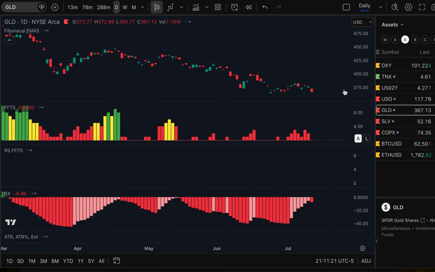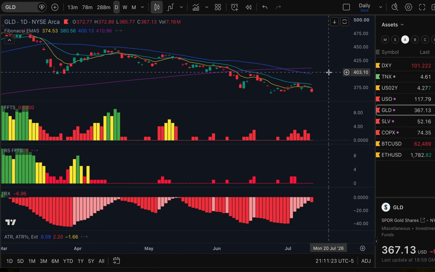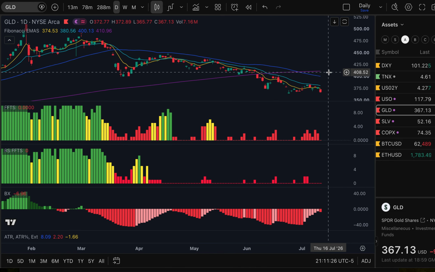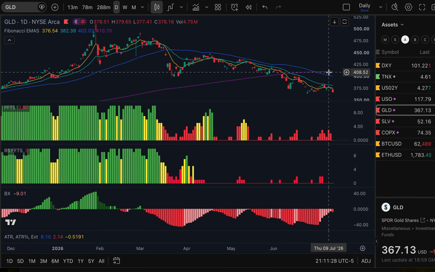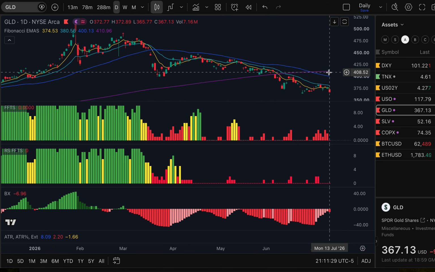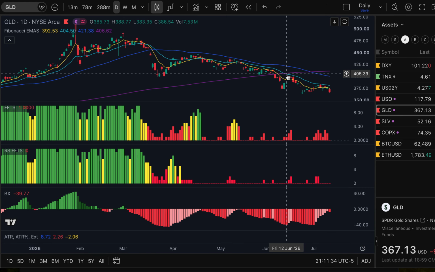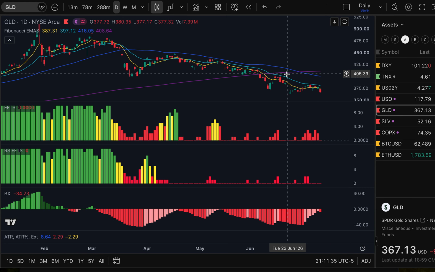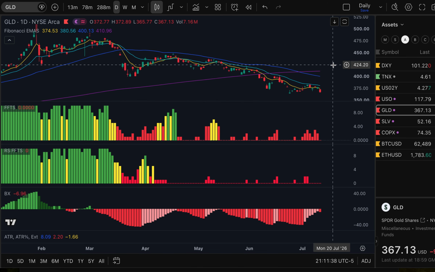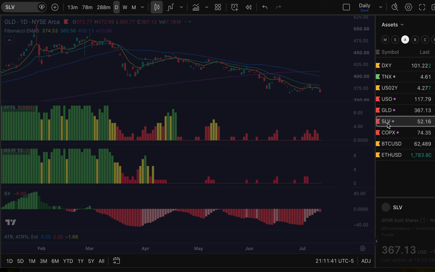Gold has been in a downtrend for a while. You can kind of zoom out. It peaked back here in January, below all of the moving averages now. Same thing with silver.